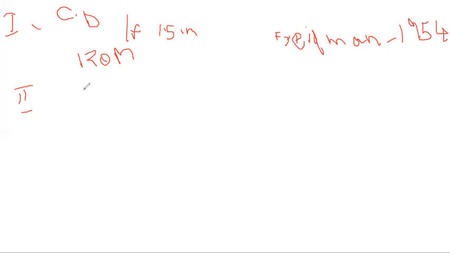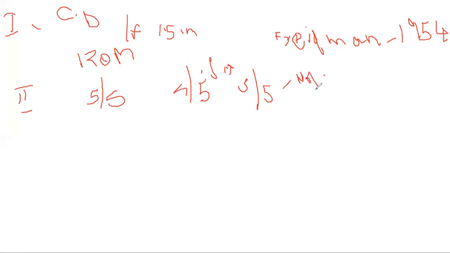We know the stations: 5 by 5 means it is floating above the brim. 4 by 5, it is getting fixed but not engaged. 3 by 5 means it is not engaged. 2 by 5 is just engaged. 1 by 5 is engaged, and 0 by 5 is deeply engaged.